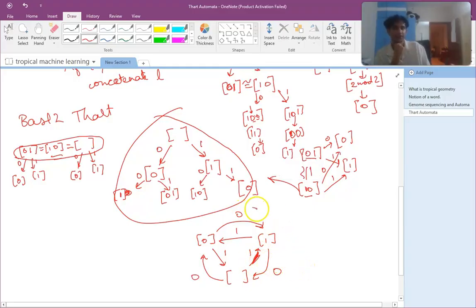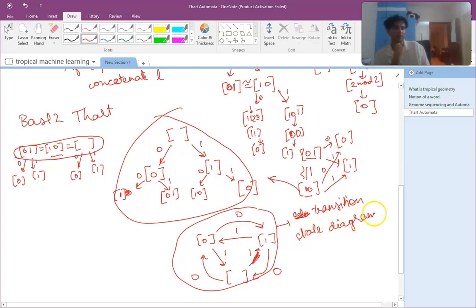And so this is the state diagram, or transition diagram, of a base 2 third automata.